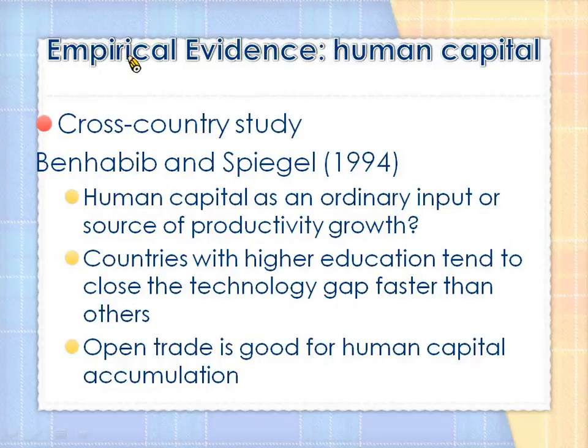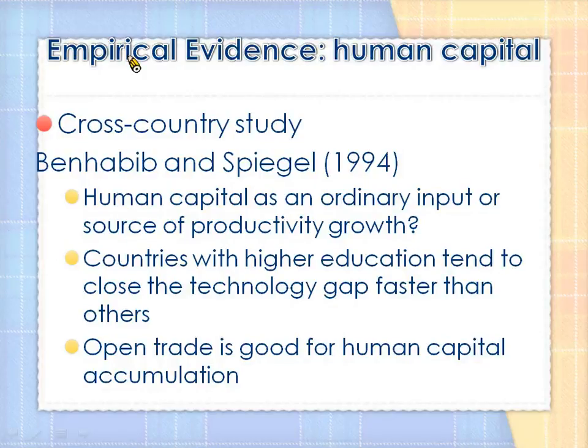Benhabib and Spiegel's 1994 paper is a typical cross-country empirical study. You put nearly 100 countries together and look at their growth and explain it by those Z and X variables.